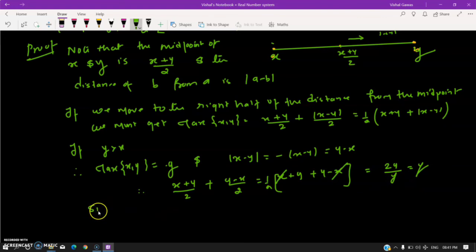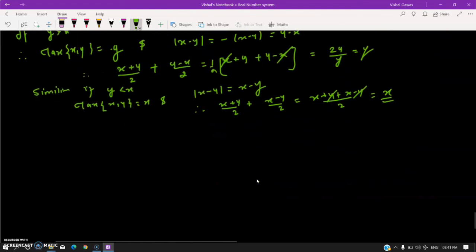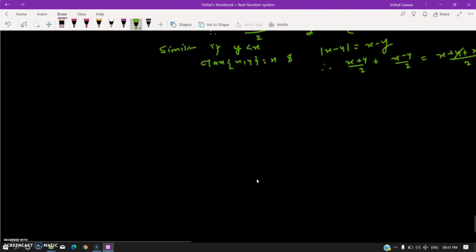Similarly, if y is less than x, then the maximum of x and y would be equal to x, and modulus of x minus y would be nothing but x minus y. Therefore x plus y by 2 plus x minus y by 2 is x plus y plus x minus y by 2. The y and minus y get cancelled, and what will be left is x. So both ways we get the same number.